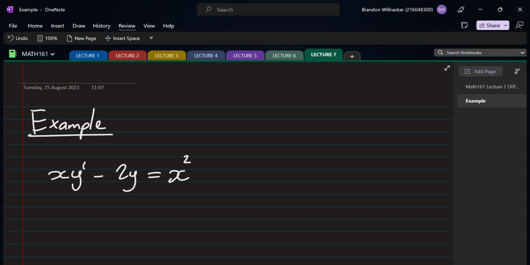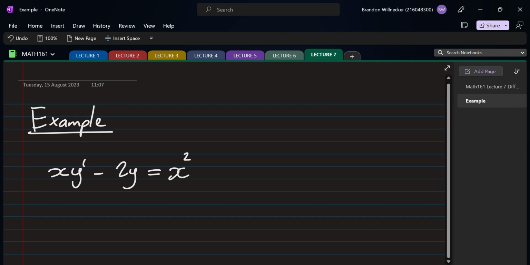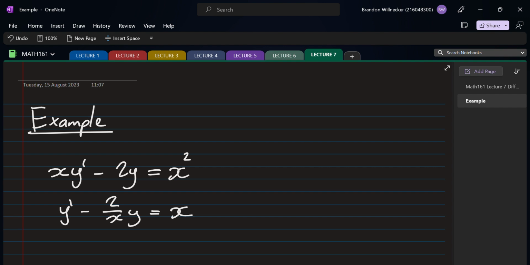We don't have p of x times y equals q of x. We don't have those terms here. We've got an x times dy by dx instead. We don't want that. So let's first divide through by x. So we have y prime minus 2 over x y is equal to x. Okay, now this is in our standard form.